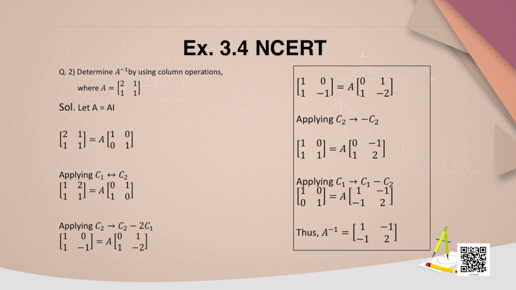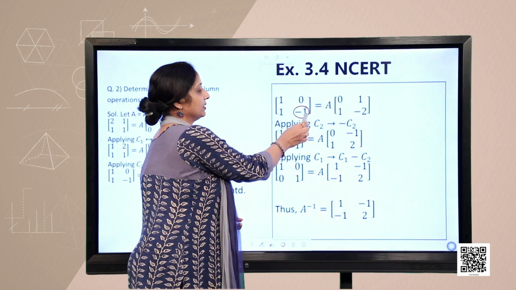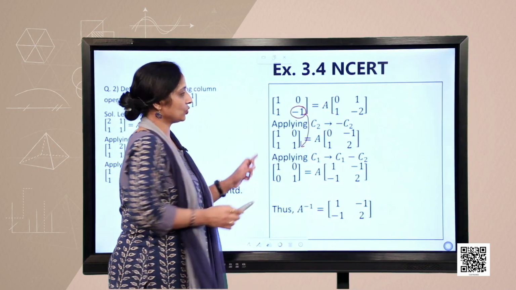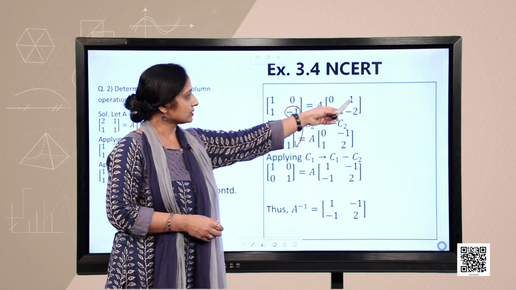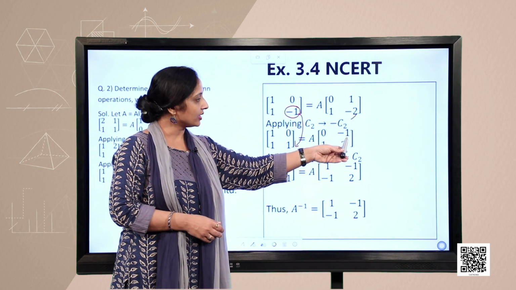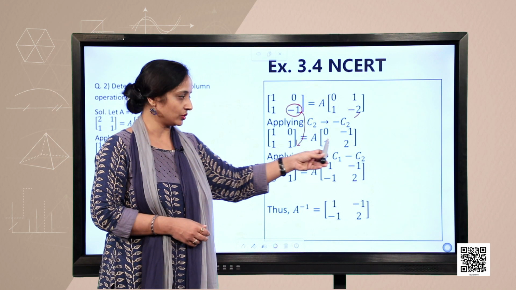Let's move to the next step. You are getting this as the last step in the previous slide. So applying C2 changes to minus C2. Why so? Because I need to make this element 1 like this. So we are multiplying column 2 by negative 1. The same changes have to be made here: 1 becomes minus 1 and it becomes plus 2 here.